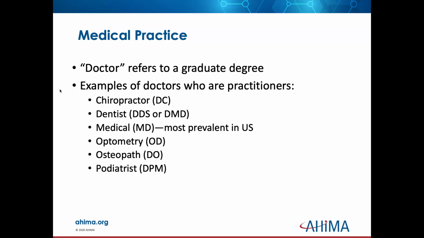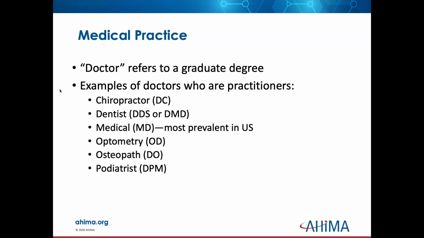Examples of doctors who are practitioners include a chiropractor, a doctor of chiropractic medicine; a dentist, a doctor of dental surgery or a doctor of dental medicine; a medical doctor; an optometrist, which is a doctor of optometry; an osteopathic doctor, which is a doctor of osteopathy, and that's the same as an MD.